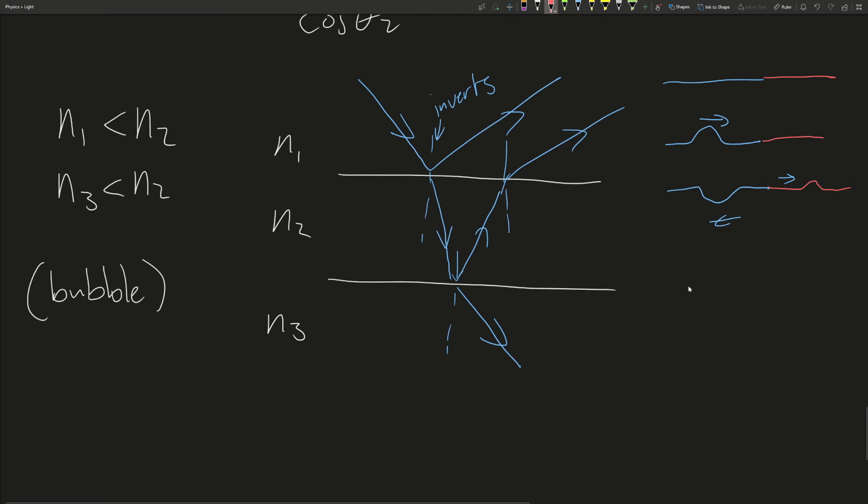However, if you're going from more dense to less dense, it does not invert. So if this is going like that, then going back, it will look like this. So it doesn't invert. And so this does not invert.